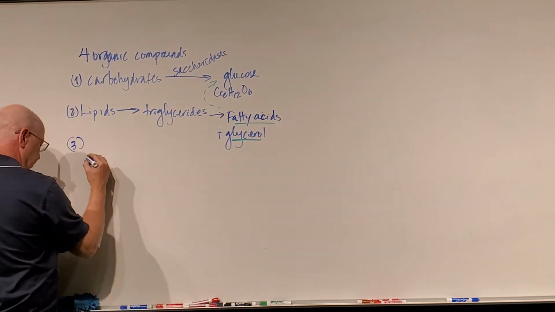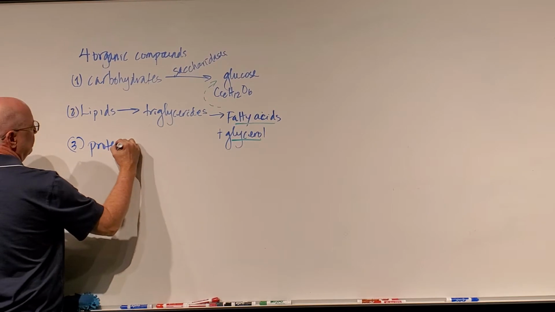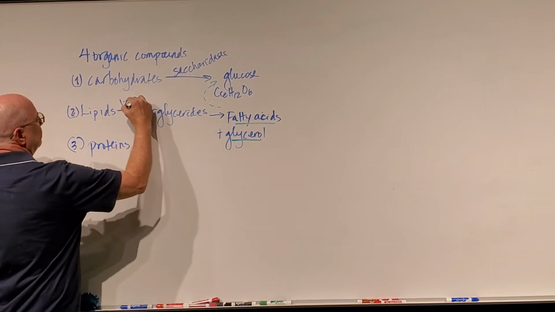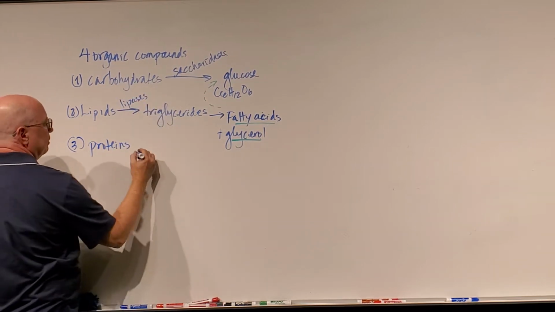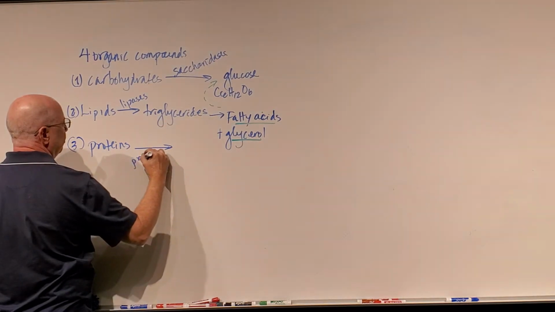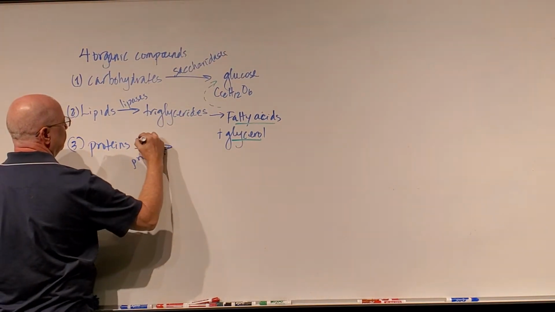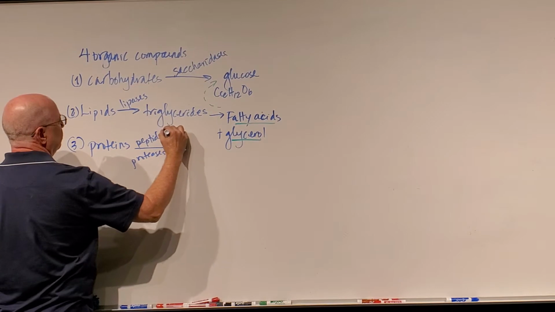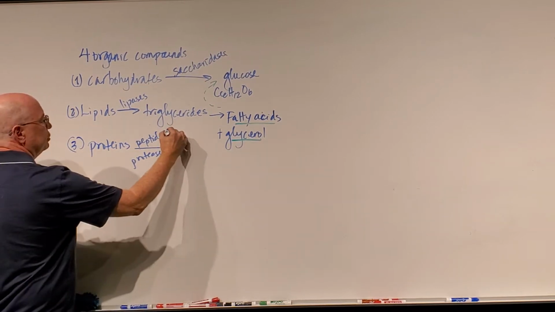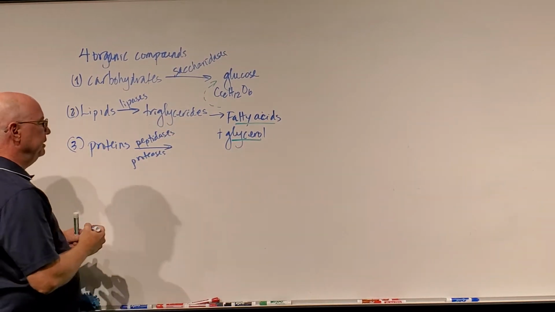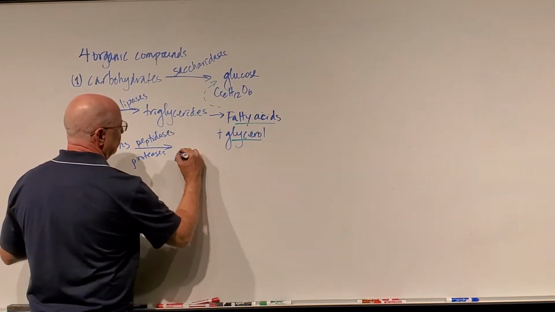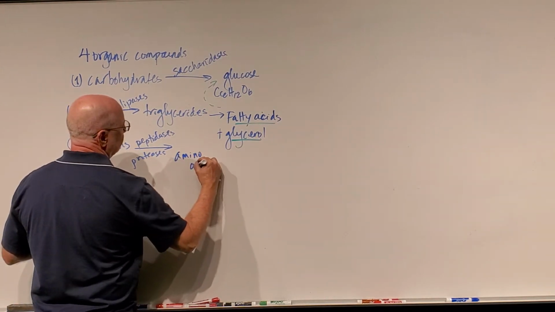The third major class of organic compounds we talked about were proteins. And by the way, these would be called lipases here. Proteins can be digested by proteases and peptidases. I hope you can read this on your screen. If not, you'll have to magnify the image. But this is a review of what we did last time. Into amino acids.